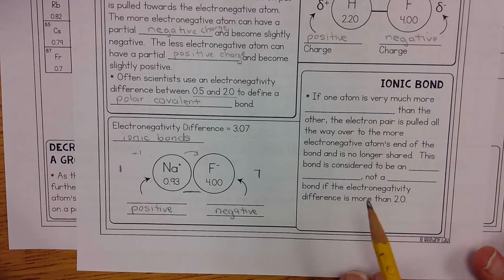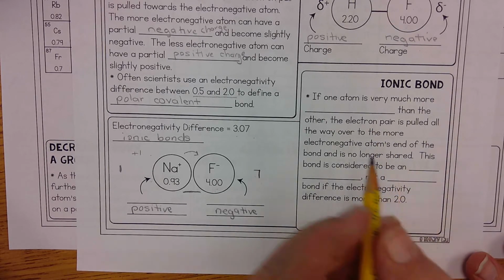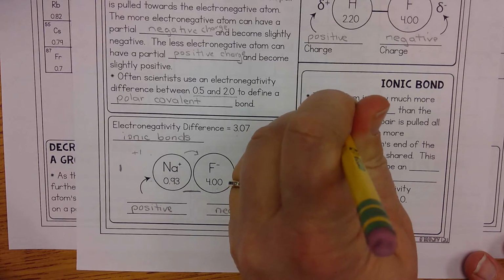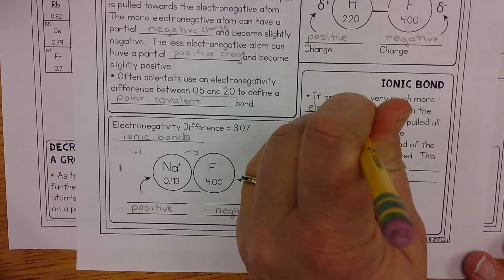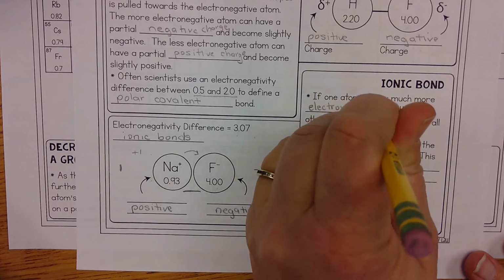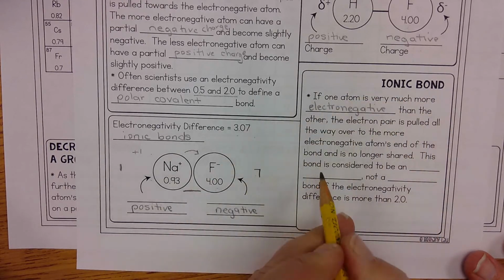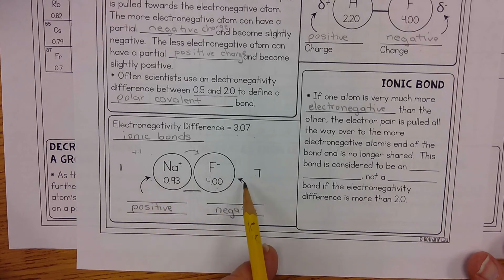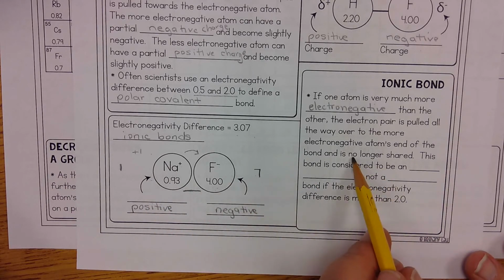So let's fill in the definitions. If one atom is very much more electronegative than the other, the electron pair is pulled all the way over. So the electron comes all the way over here, no longer shared.